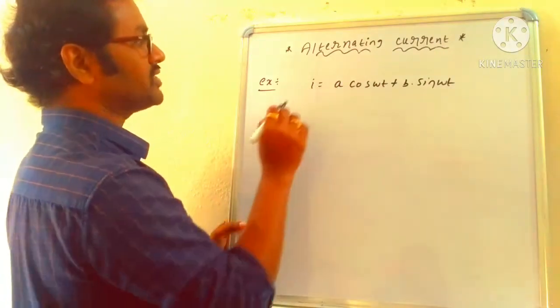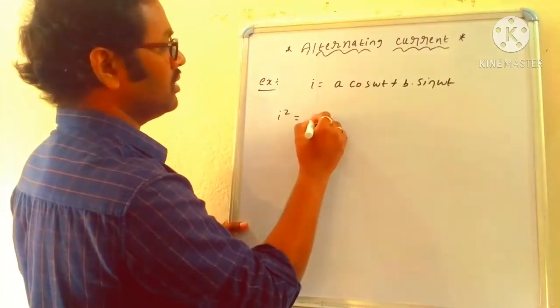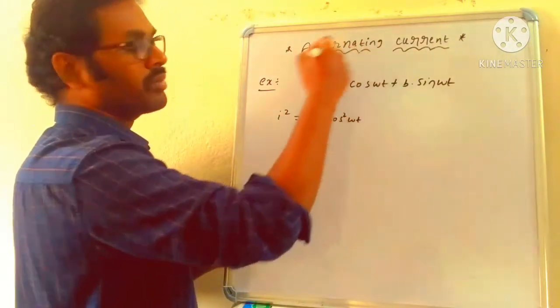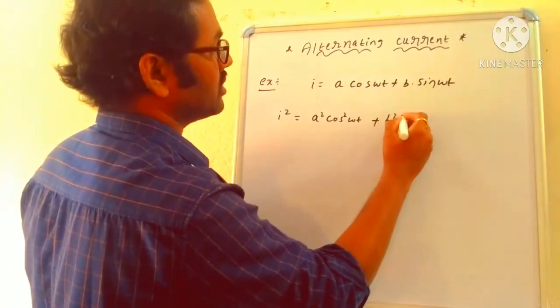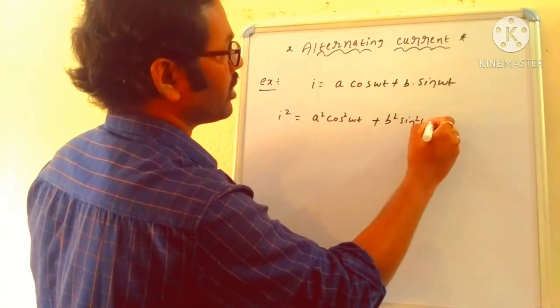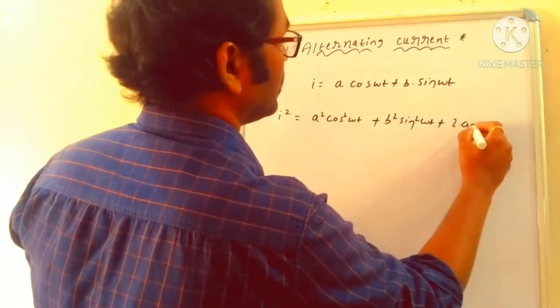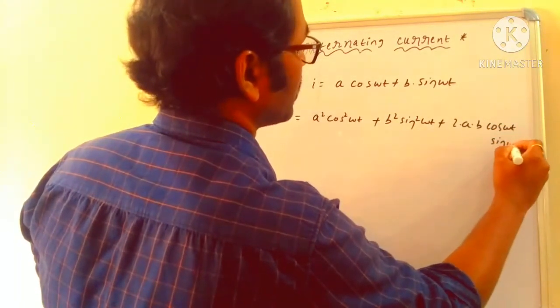Same process. First you need to take the square of the expression, I square. So a square cos square omega t, the first term squared, plus the second term squared, b square sin square omega t, plus 2ab, so 2 into a into b into cos omega t into sin omega t.